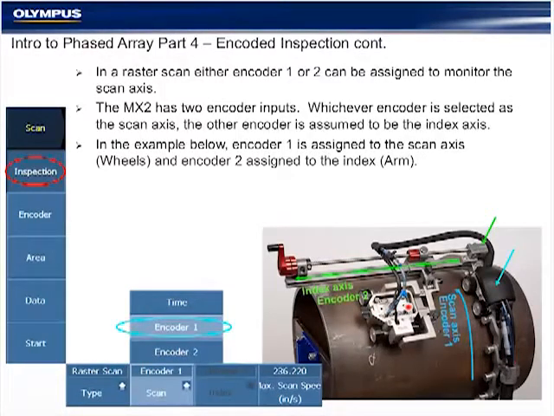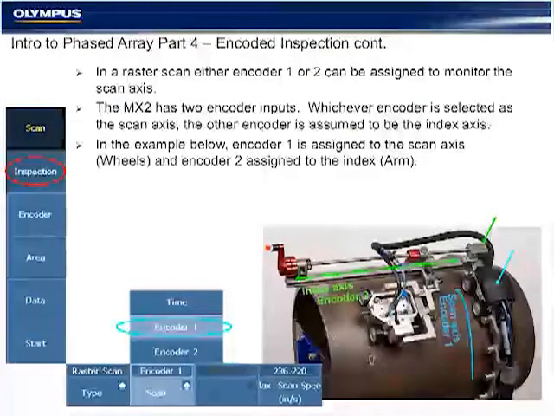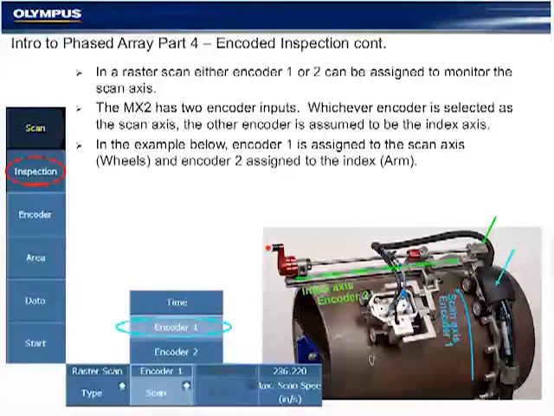That combines with a mechanical movement as I spin this wheel. So I would take one acquisition 360 degrees around the pipe on the scan axis, and then I would rotate the index axes over. So this type of inspection both has to use two encoders.